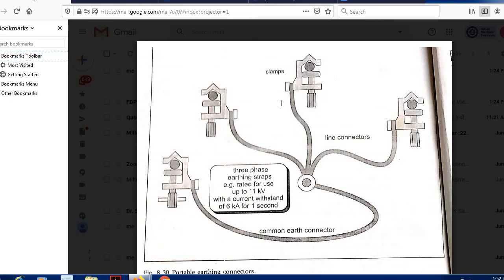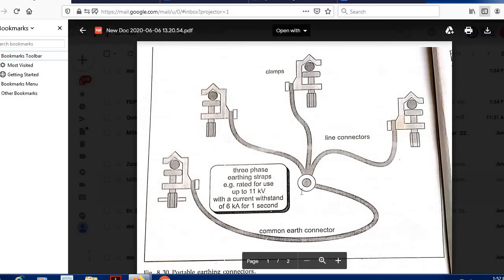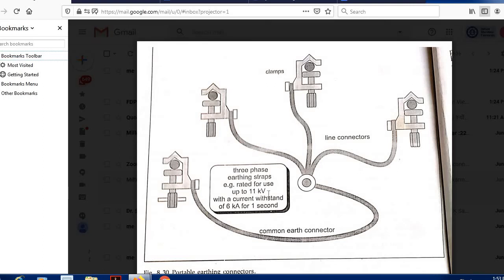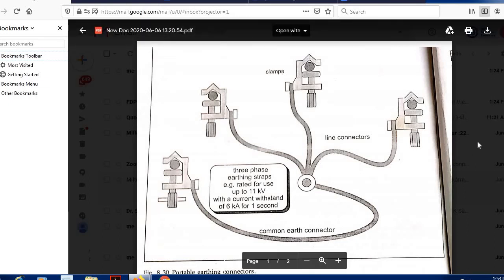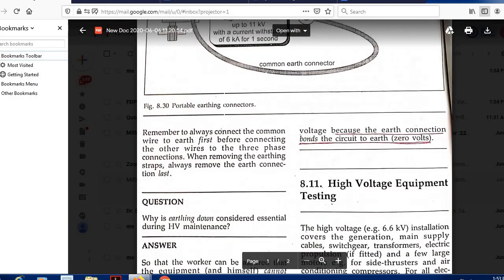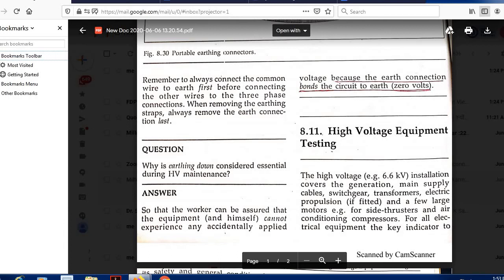This earthing strap is valid for a voltage up to 11 kV, and a current it can withstand up to 6 kilo ampere for 1 second. So I have understood how we are going to do the test on the high voltage system.